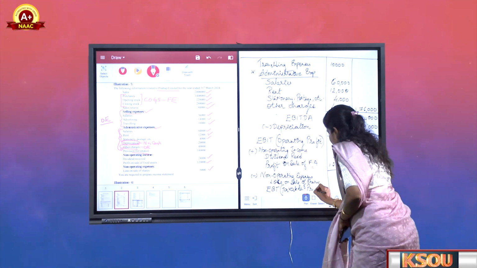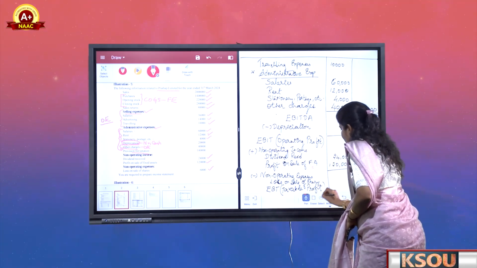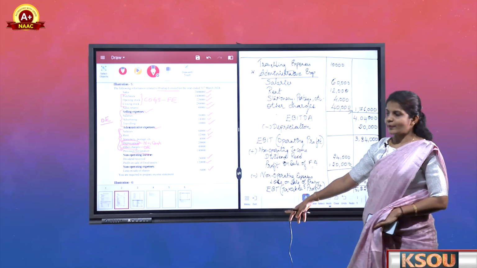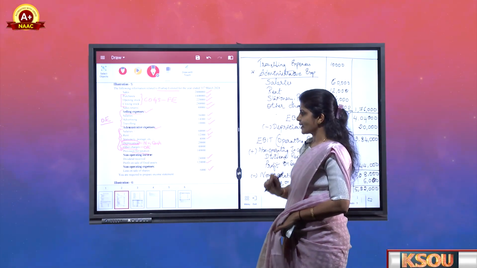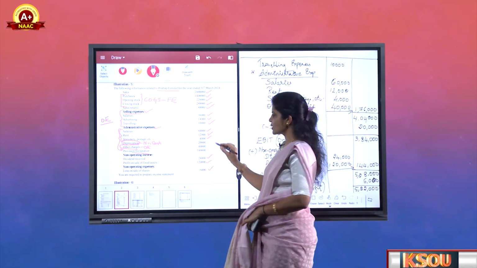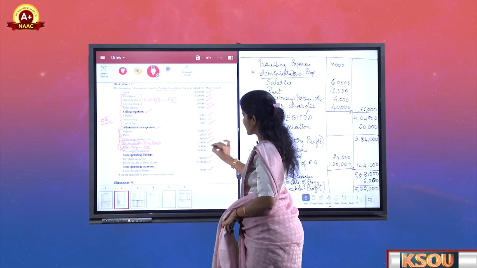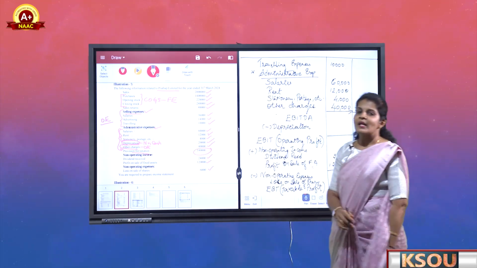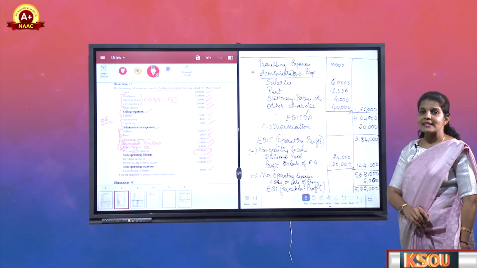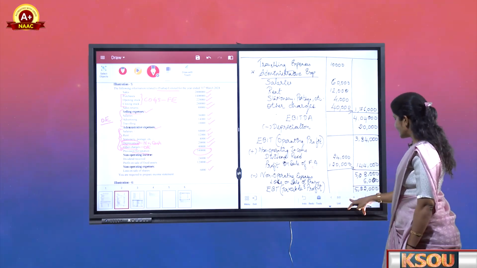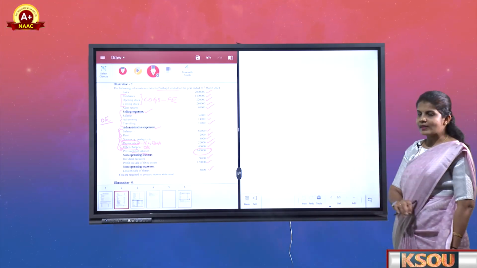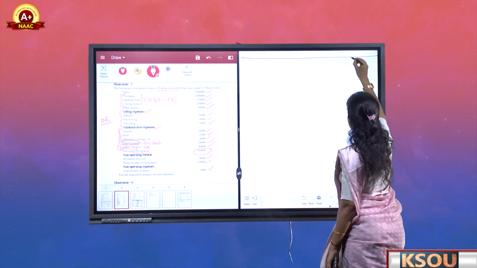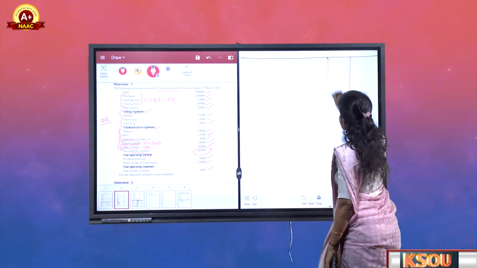Now from this taxable profit, we have to deduct one item which is left out. We have considered depreciation and other charges as well, but only this one is left out, the provision for taxation. If we deduct it from the taxable profit, the balance we get is net profit or earning after tax.